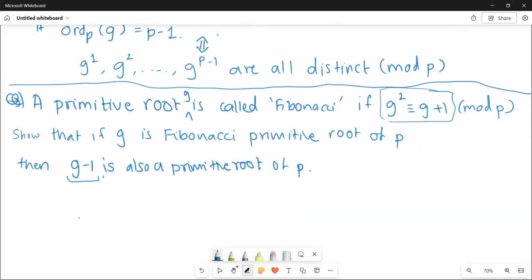Okay, so g minus 1 being a primitive root is equivalent to showing the order of g minus 1 with respect to p is p minus 1, which is also equivalent to showing g minus 1 squared up to g minus 1 to the power p minus 1 are all distinct mod p.